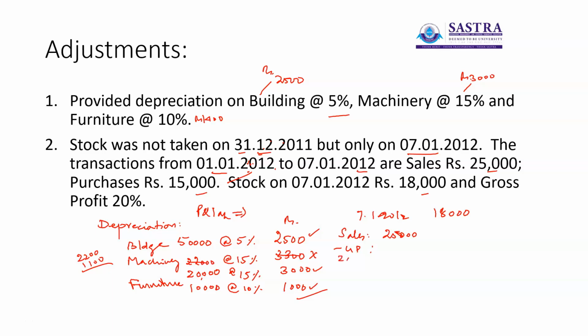Gross profit is given as 20% on sales, nothing but 5,000. So on 20,000 less purchases, 15,000.